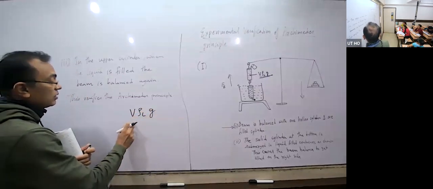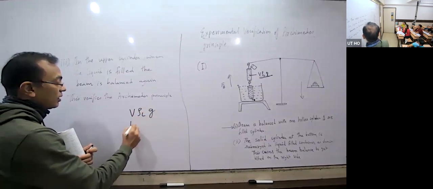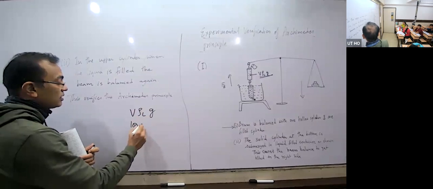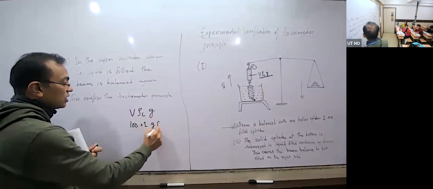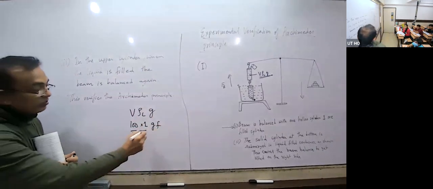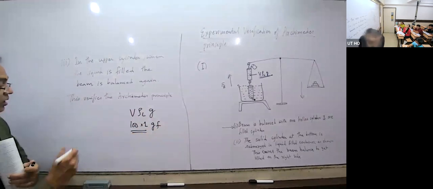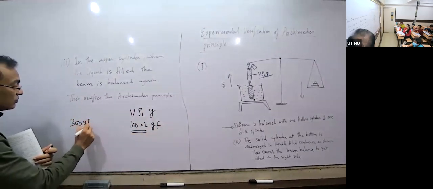Right? How much is this? V is volume, 100. Density is 1. And this is gram force. That's the force, isn't it? So you're not multiplying g, you're saying gram force. And here, earlier force was 300 gram force.